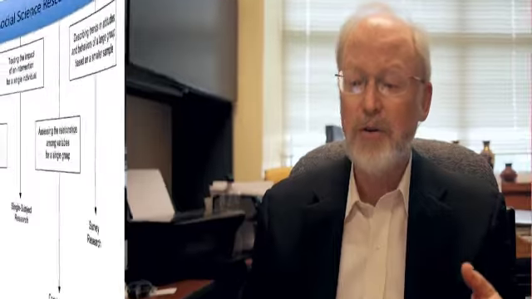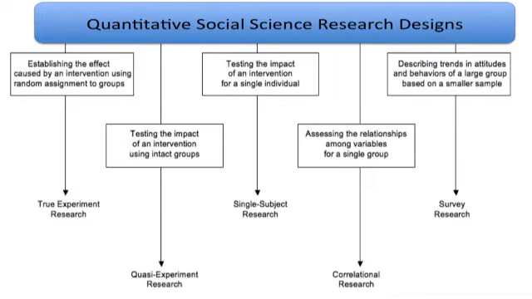There are certain types of designs that are used in quantitative projects. In the social sciences, we tend to think of these designs. There's a true experiment, where we're looking at the cause of a treatment on an outcome, and we're randomly assigning people to different groups.